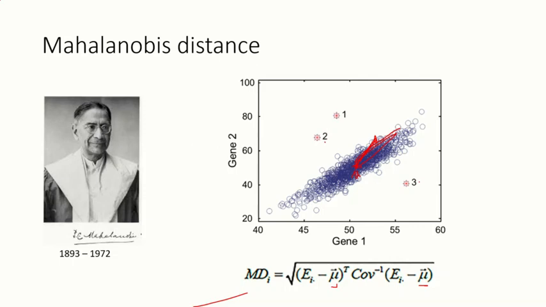However, if you compute the distance from here to here, this d, the value will be much larger. Points 1, 2, 3 are the outliers. They stand out from the overall cloud, from the trend of the data points, which information has been encoded inside the covariance matrix.